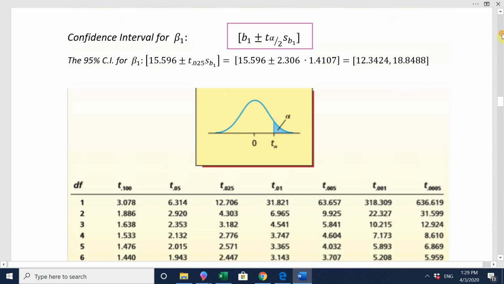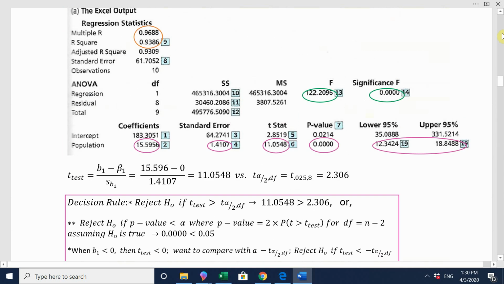Let me just show you right here. In our Excel output, we do have the sample correlation coefficient. It is this value right here, 0.9688. So the 0.9688 will be multiplied by the square root of n minus 2. n is 10, so minus 2 gives me 8.